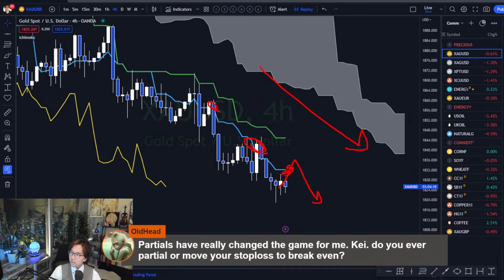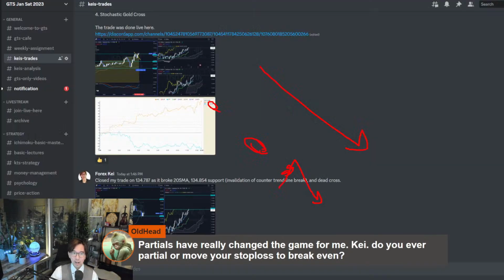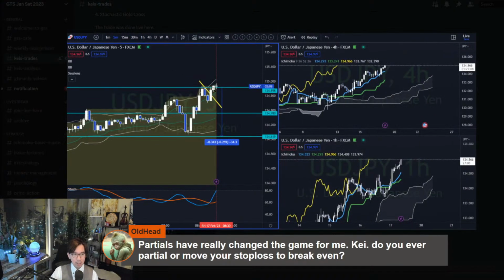Okay. Partials have really changed the game for me. K, do you ever take partials or move your stop loss to break even? Yeah, I move the stop losses to break even. And I don't take trades partially, but what I do is I take 2 positions. When I took the buy on this USDJPY, I actually placed 2 positions and 2 stop losses.